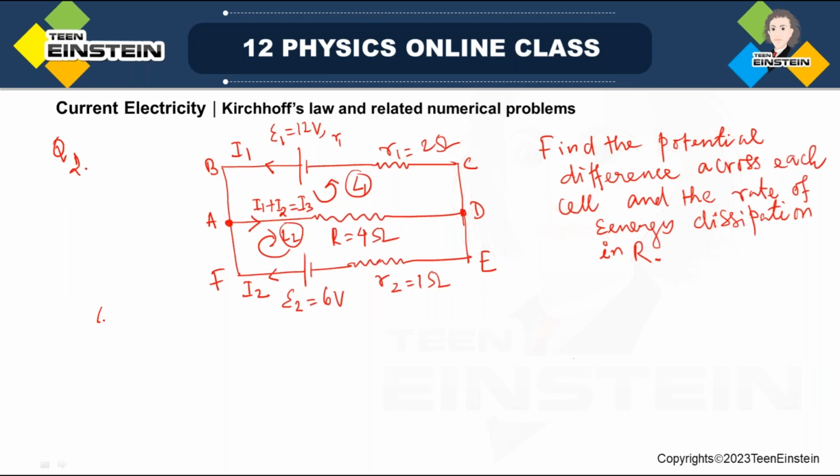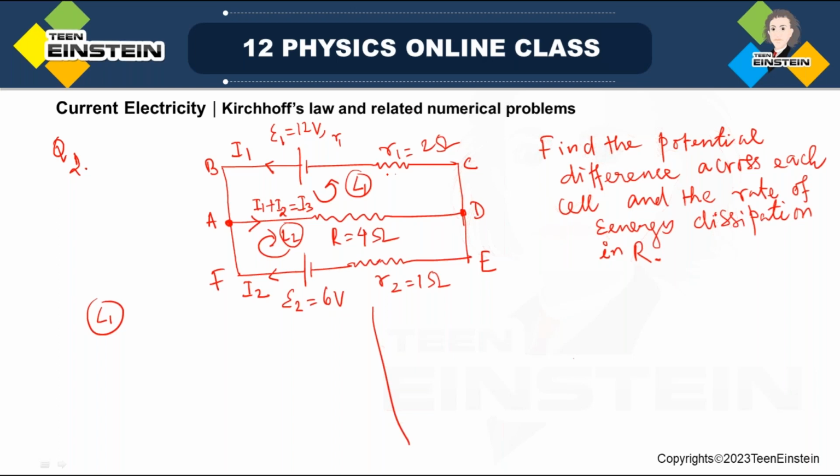For loop one, what are the voltage drops across the resistors? How many resistors are there in loop one? This is R1.